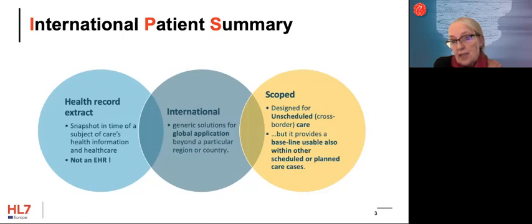It has an international scope to support cross-border care and is designed for unscheduled care, in case something happens to you while you're traveling or while you're in another country or at home. But the fact that it is for unplanned care also makes it more succinct.